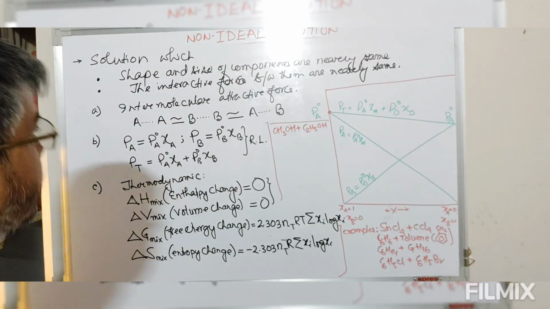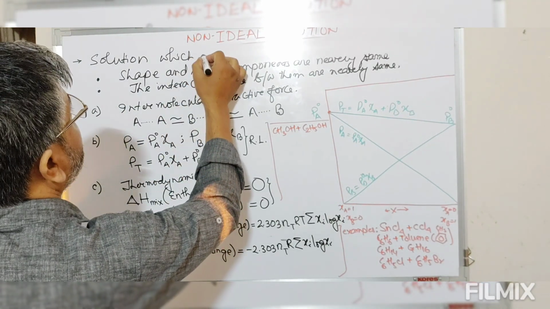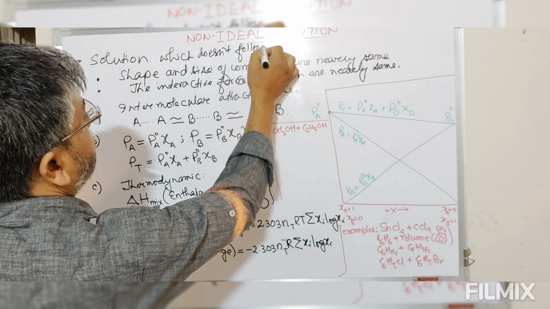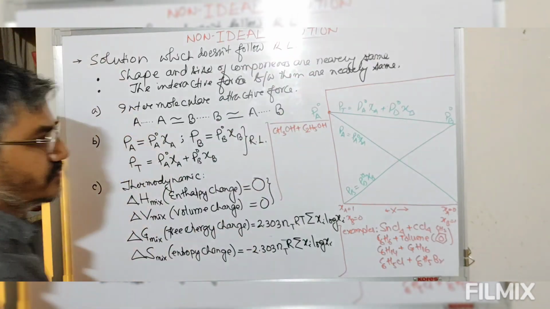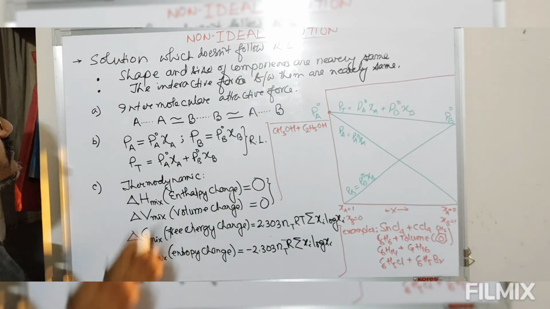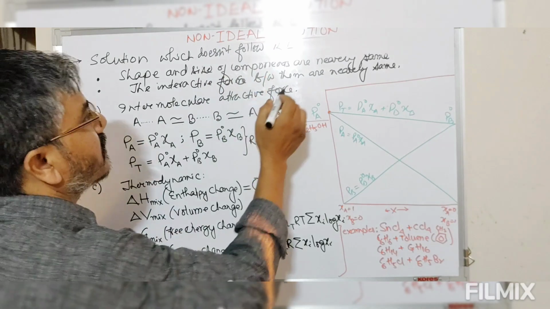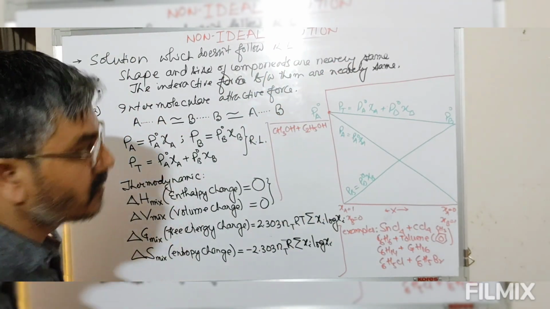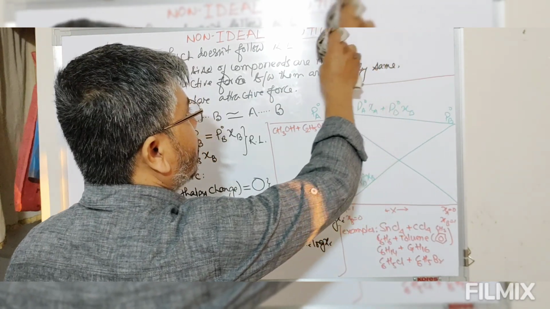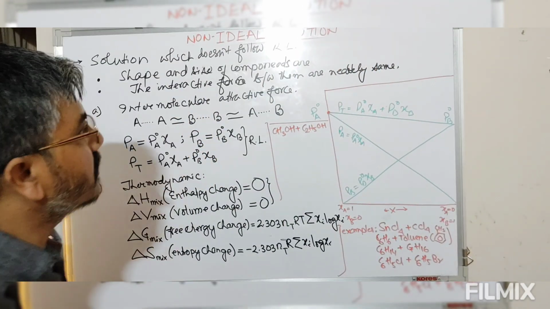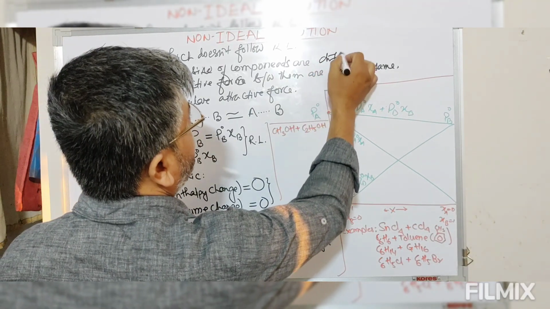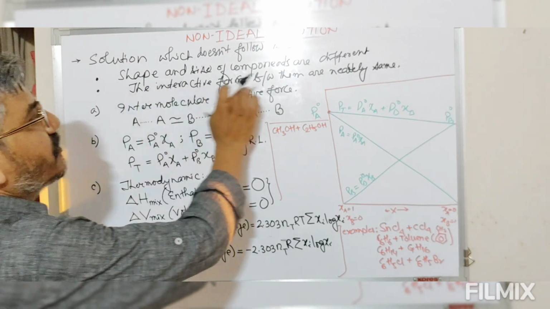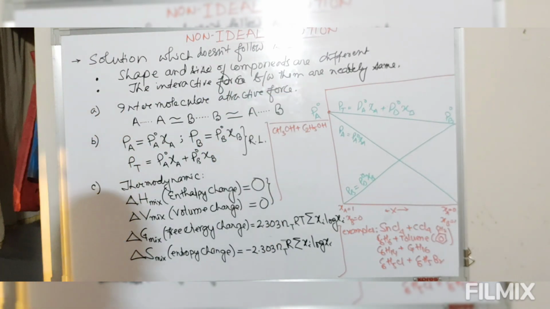So solutions which do not follow Raoult's law. Now for such type of solution, the shape and size of components are different, and the interactive force between them are different.